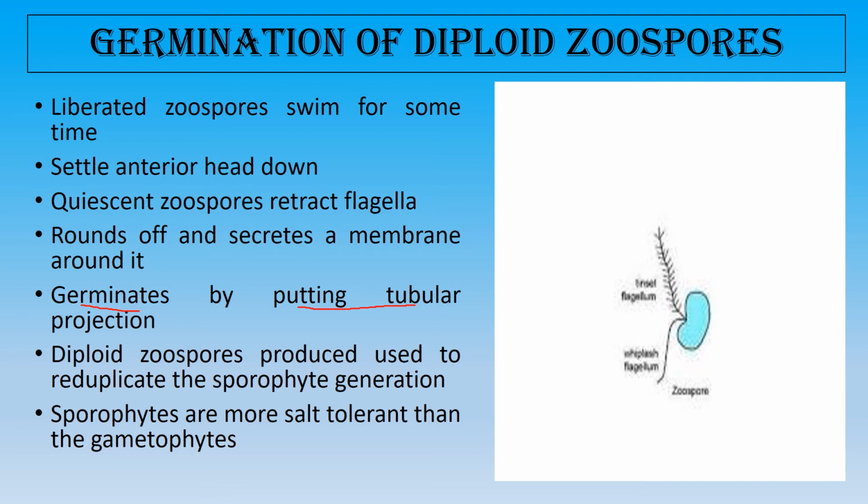If it is a mitozoospore, then a sporophytic plant is produced, which is a clone of the mother plant. But if a meiozoospore, that is a haploid zoospore, is produced, the gametophytic generation will be produced. But whether sporophytic or gametophytic, their tolerance will depend upon the salinity. The sporophytes are more tolerant to salinity than the gametophytes.